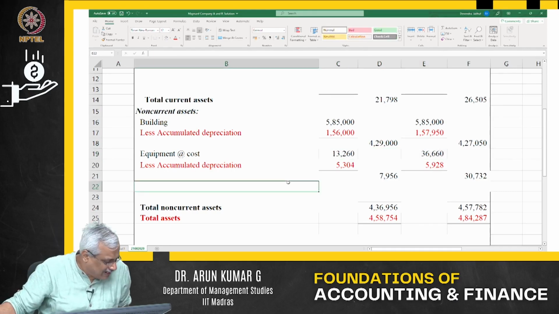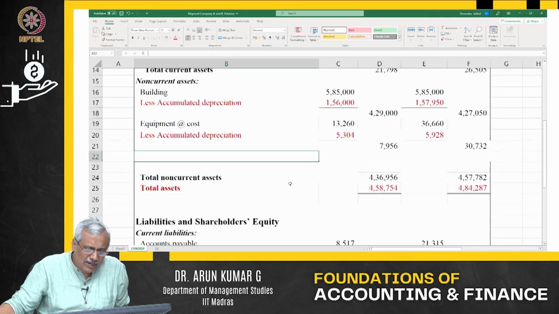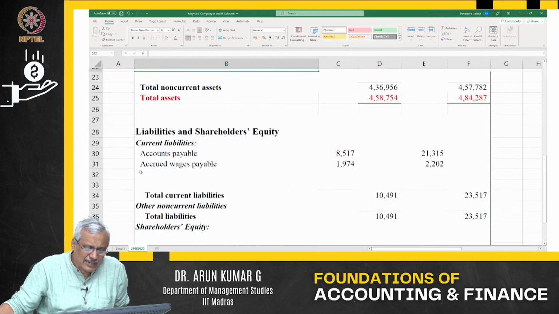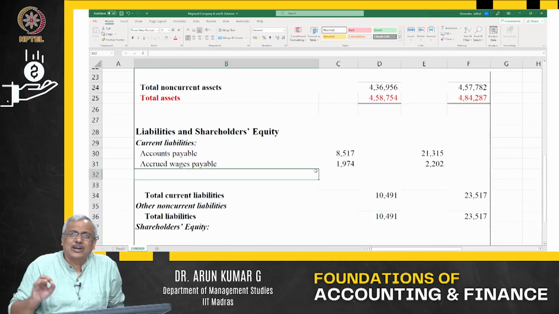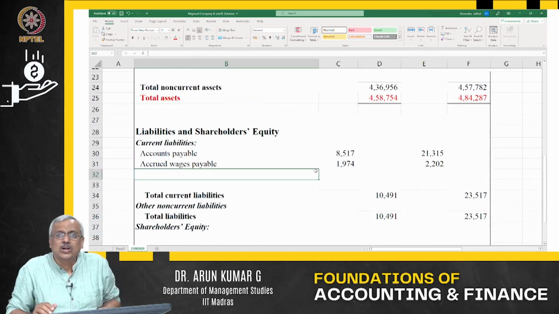Next, I would say bank notes payable. Normally, it is what we call a current liability. Bank notes, you have to pay to the bank, that is the money that is due to the bank for some discounting or whatever it is.